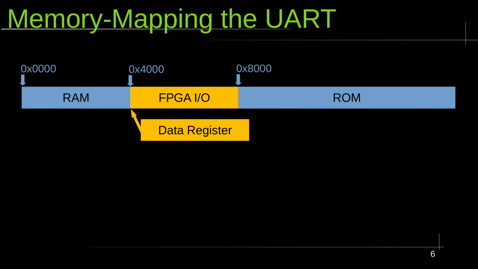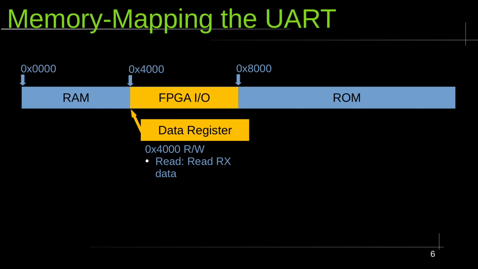So the first thing that we will place there is going to be a data register to interact with the UART. This is going to be placed in the first location that the processor can interact with the FPGA. That is address hex 4000. We're going to be able to read and write this register.